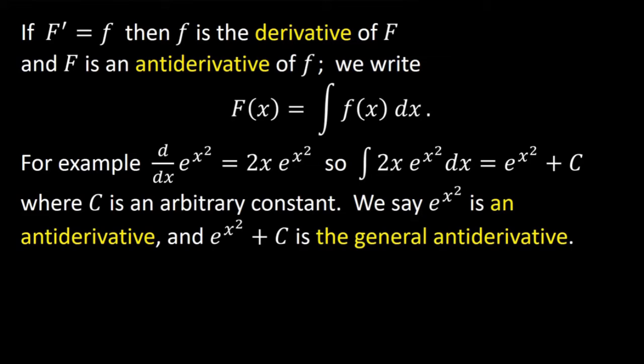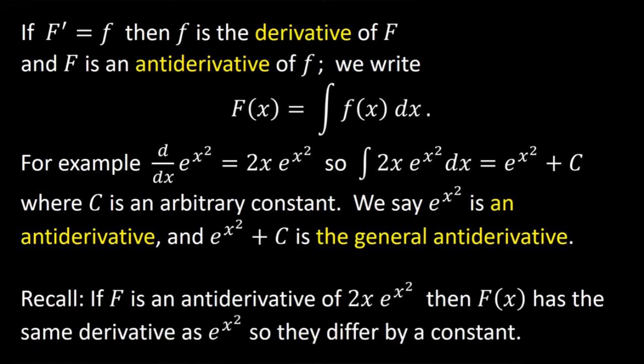Because of that theorem we saw in a previous video coming from the mean value theorem. So if capital F is an antiderivative, one choice of antiderivative, then it has the same derivative as e to the x squared. So capital F and e to the x squared must differ by a constant.